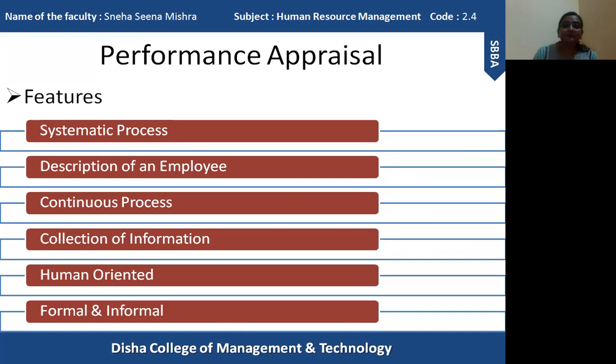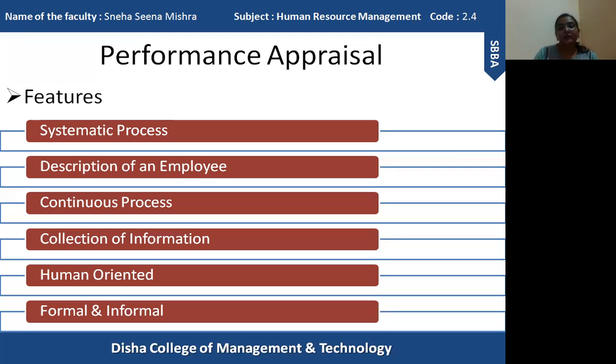Okay. The next one is continuous process. Like each and every process, whether it is training or any other process, it is also a continuous process, because we have to continuously, with a particular time gap, appraise the performance of the employee so that we can find out how the performance is enhanced, means to what extent the performance of an employee is enhanced, or whether the person is doing better, or whether the person's performance is getting degraded.